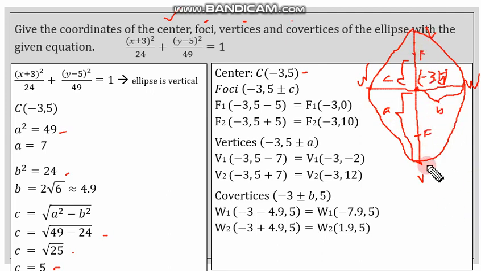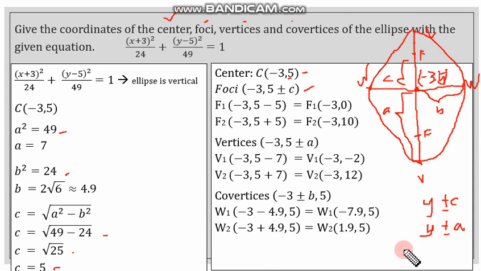Since our foci and vertices are vertical, we will add and subtract the value of c at the y coordinate of our center for the foci. Same for the value of a for the vertices, at the y coordinate, since this is also vertical.